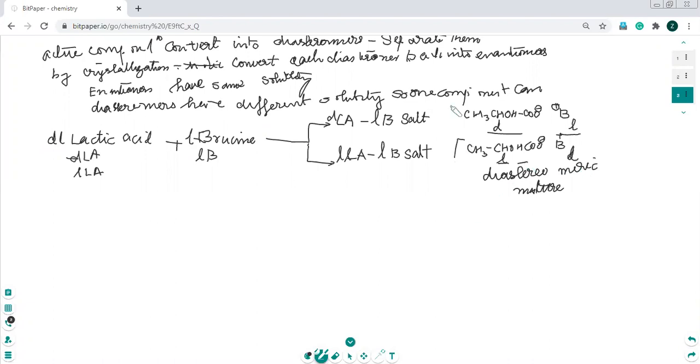This salt and this salt differ in their solubility. So what do you do? Crystallize them.